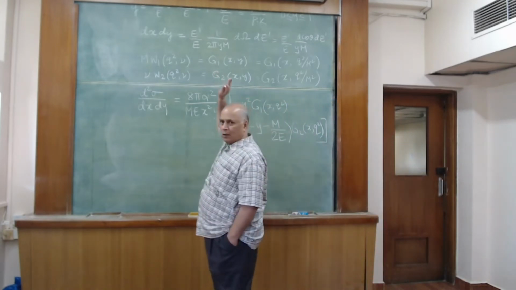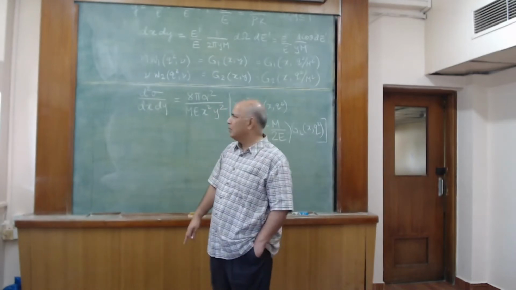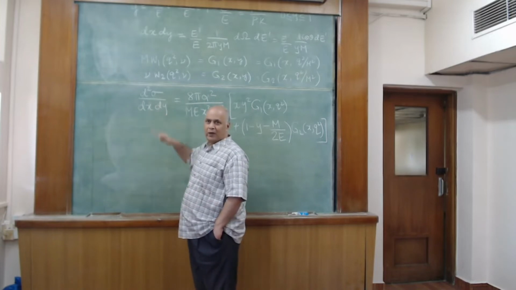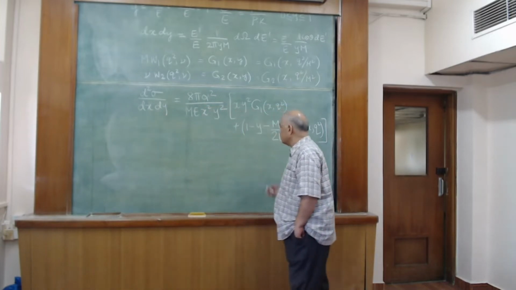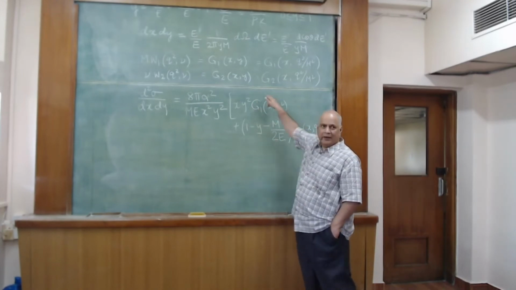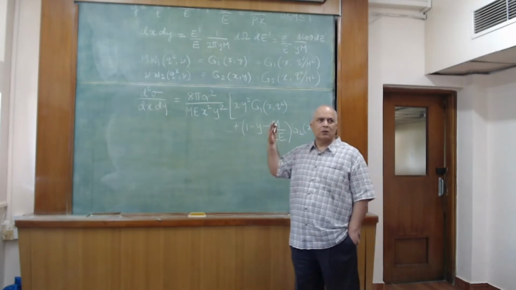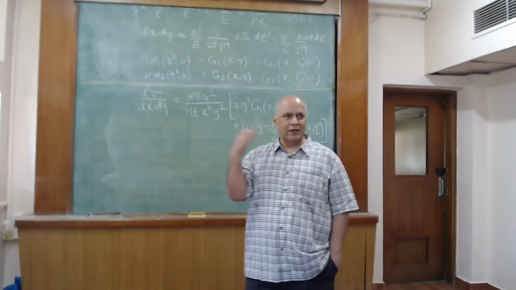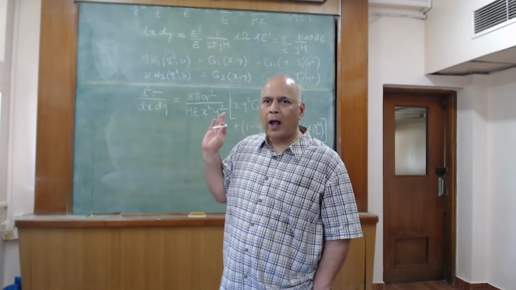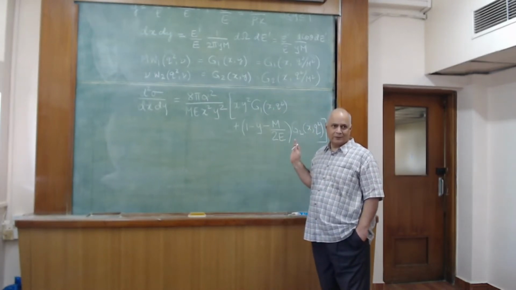As far as kinematical factors which are appearing explicitly, I am using the variables x and y. But as far as kinematical factors which are hidden in these two properties g1 and g2, which are describing the deep inelastic scattering, I am considering them as functions of x and q square.